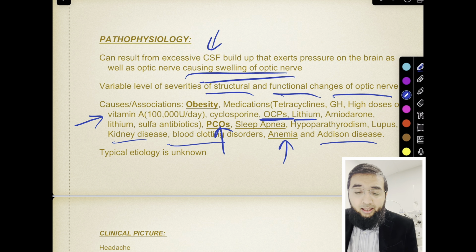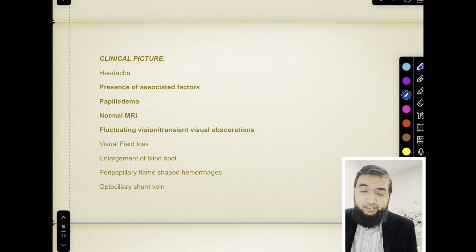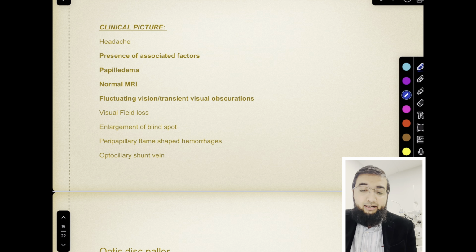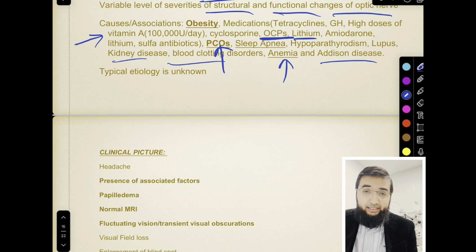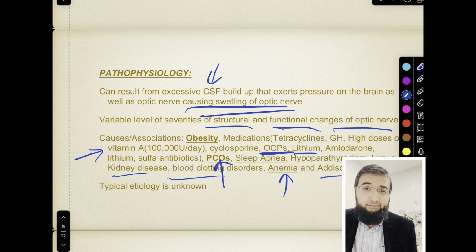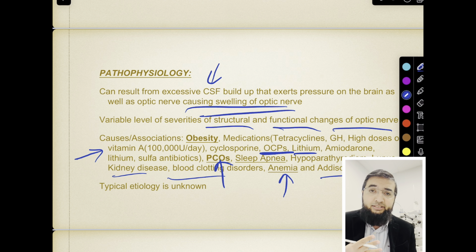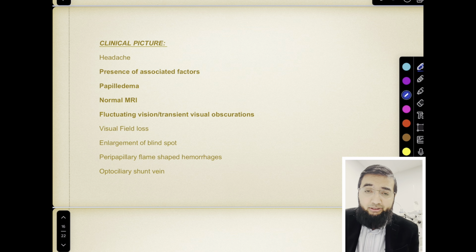Clinical picture: these patients come with headache, and there are usually some associated factors. Like in this patient, there is an association of obesity, anemia, polycystic ovarian syndrome. Three very strong associations I am finding in this patient. So you have to know about the associative factors in your patient.